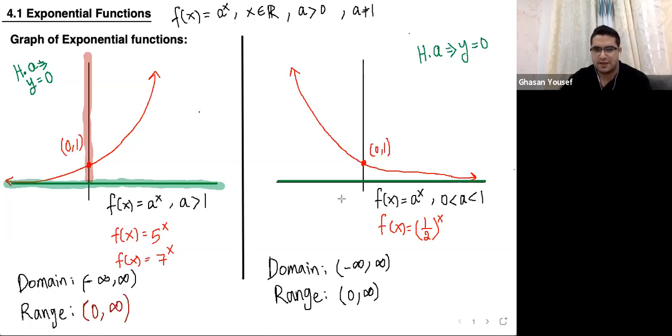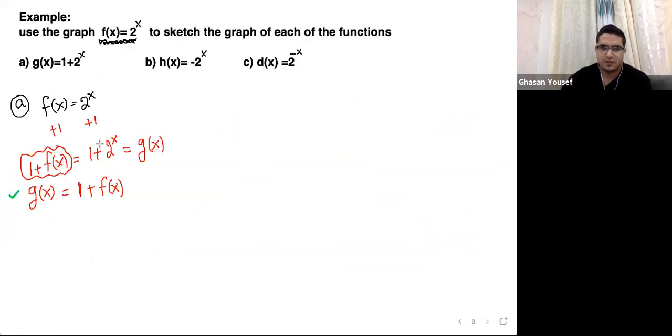If a is between 0 and 1, the graph will be like that. But my a in this example is 2, so it should be something like this. This graph is my function f of x equal 2 to the power x. So first of all, I have to graph the original function. Then I have to shift it 1 unit up. After doing this, I will get the graph of the function g of x.